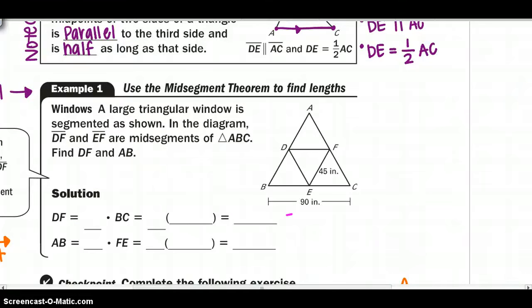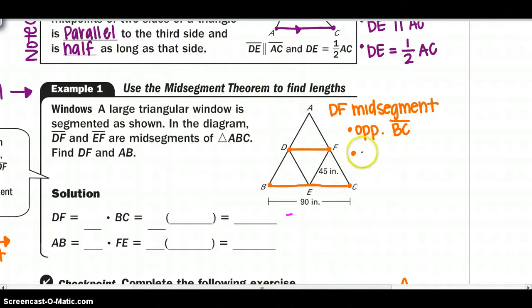We have a large triangular window with the segment shown, and in this window we know that DF is a mid-segment. Some things we know: it is opposite BC, so the mid-segment opposite BC is called DF.